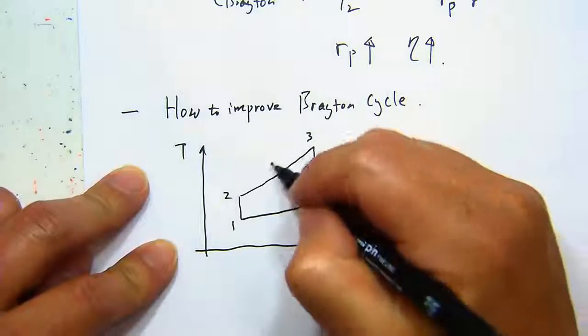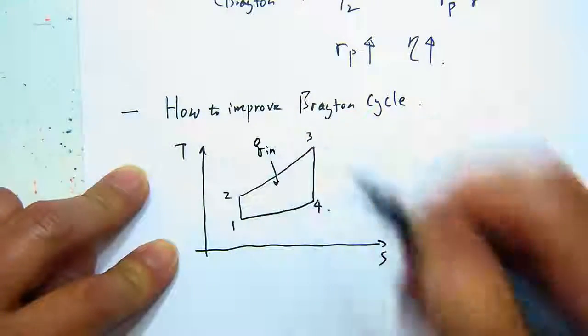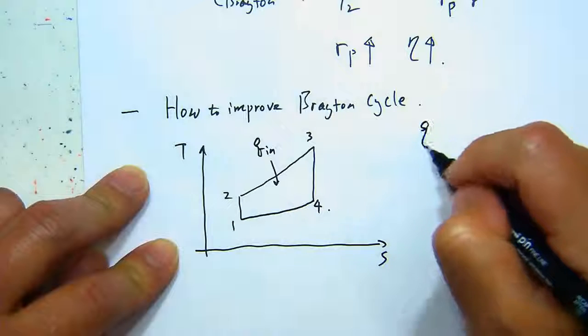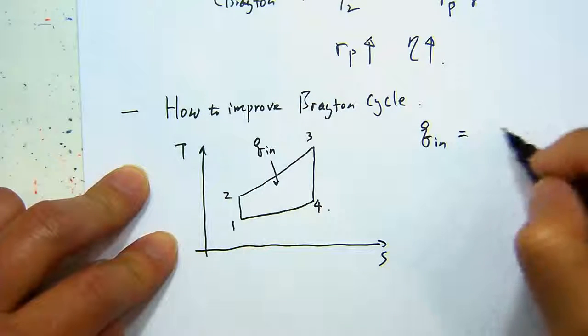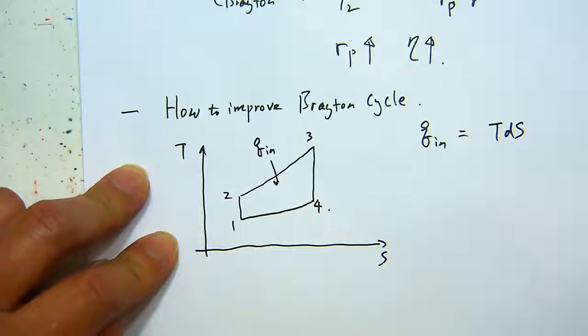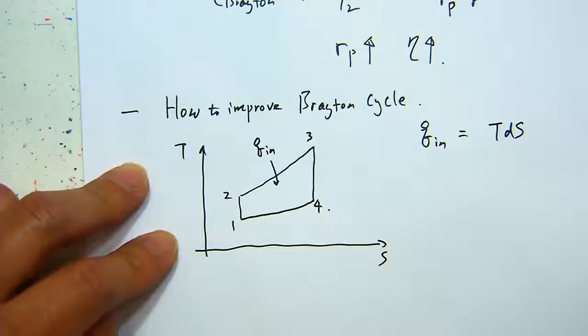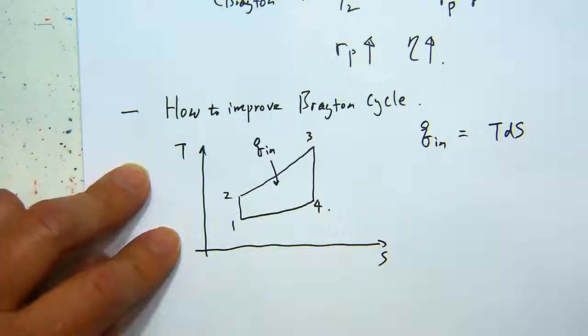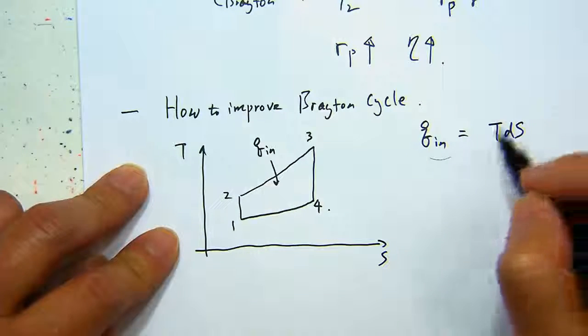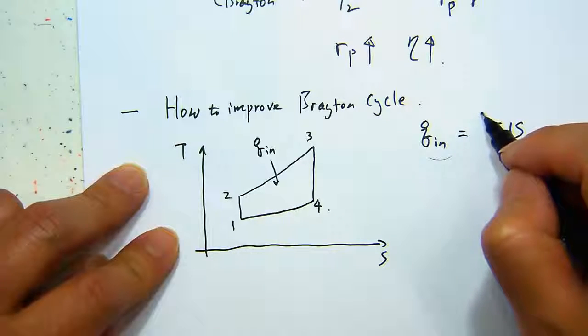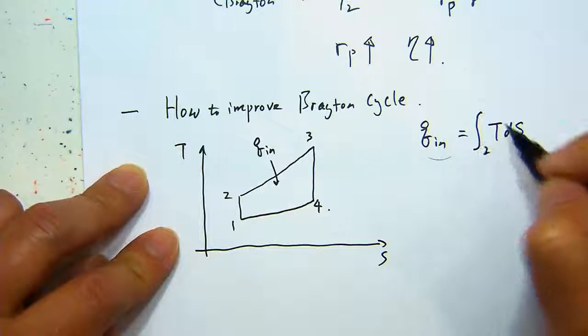if we're dealing with the Q in here, the Q in for a reversible process can be written as TdS. For a reversible process, the heat transfer equals temperature times the change in entropy, right? But this is a differential term, so we need to do the integration. The integration will be from state 2 to 3.